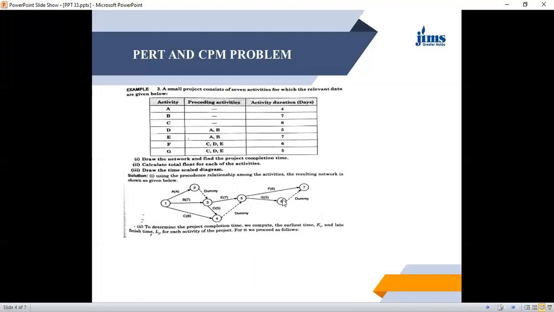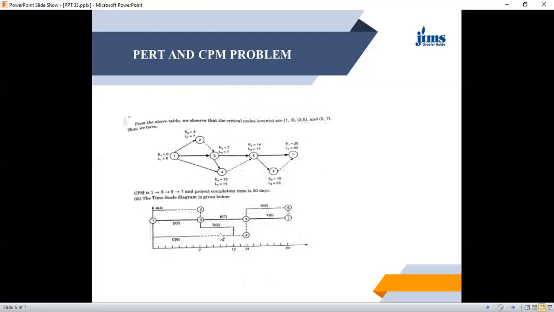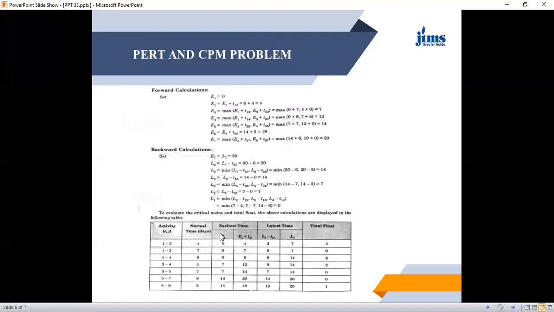So we calculate here: 20 minus 6 or 20 minus 4. This is 14, this is 16. So the minimum of this is 14, so 14 days. Likewise, we have calculated all the timings and tabulated it here.